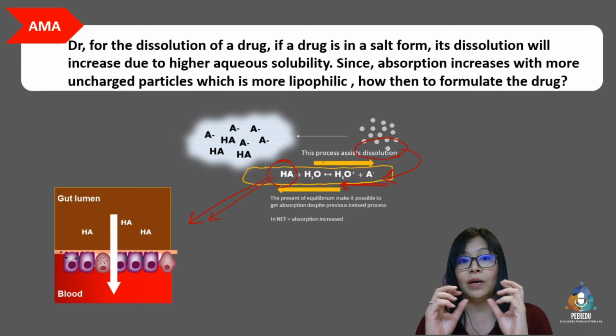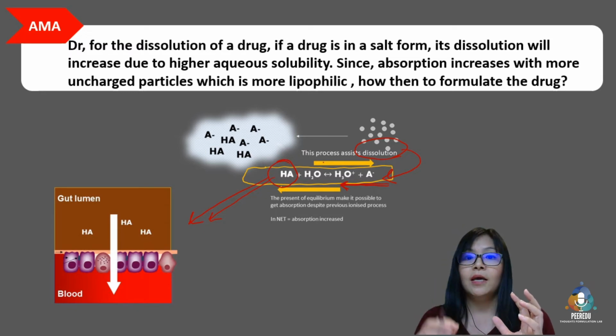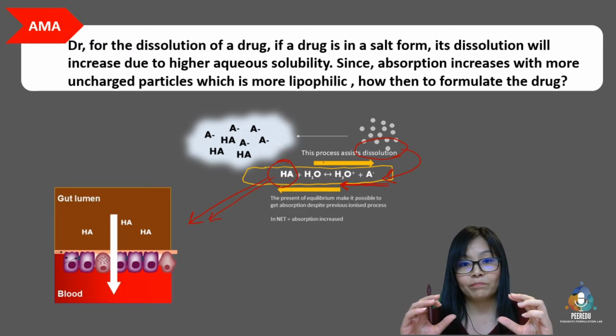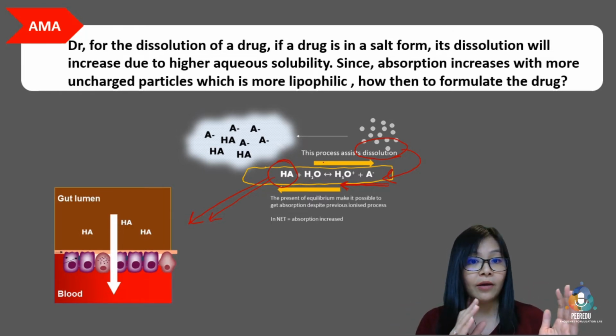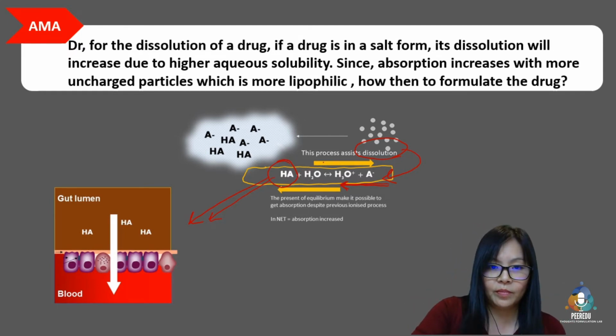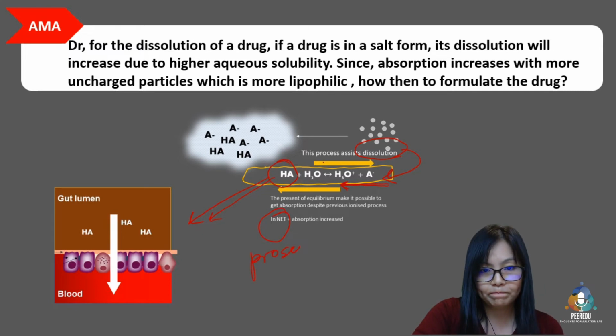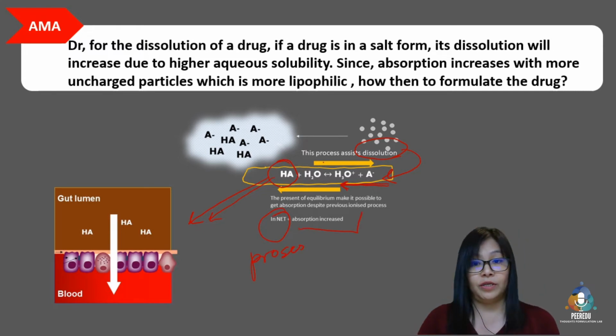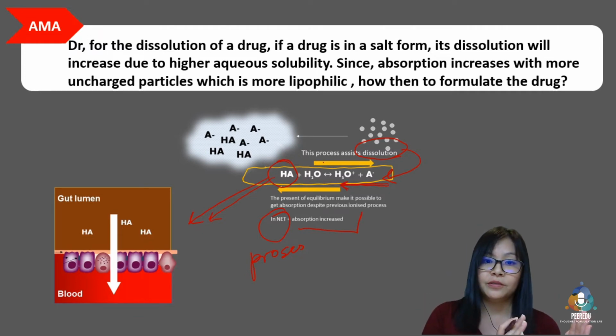Even though after they become ionized, because of this weak acid and weak base conjugation of the formula, they will actually shift to an unionized form for absorption. So in the net process, absorption still increases even though you have moved to the uncharged particles.